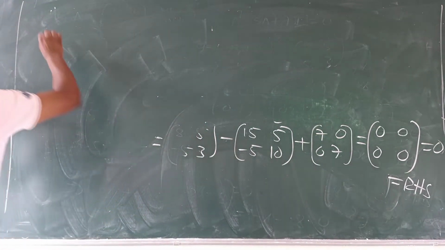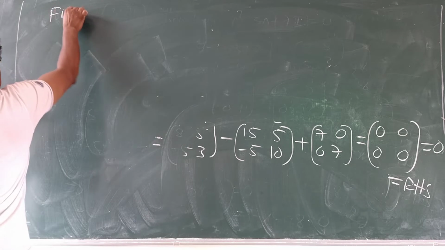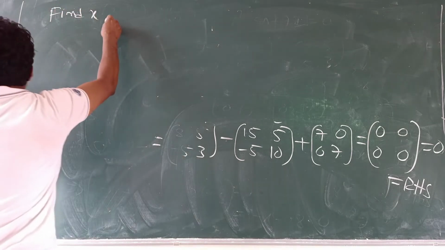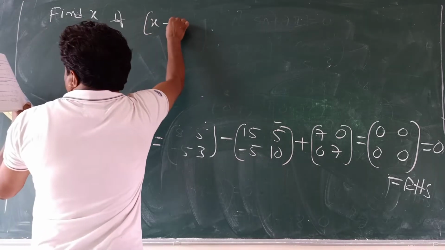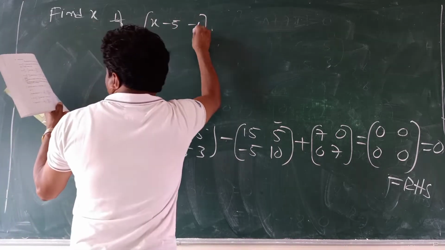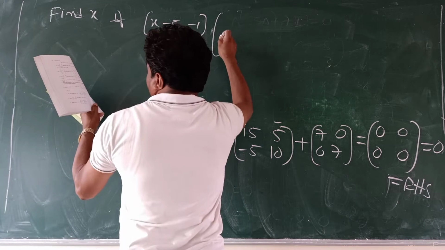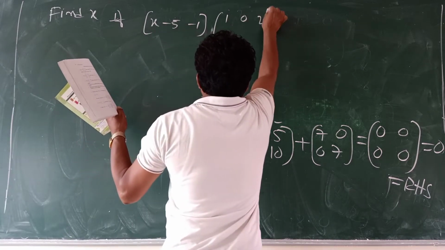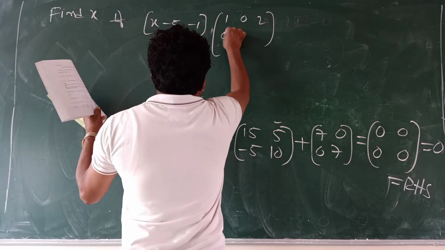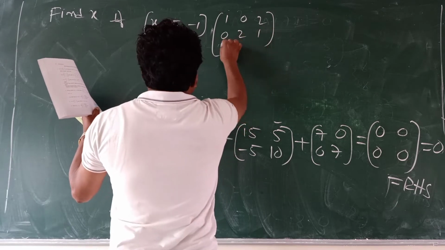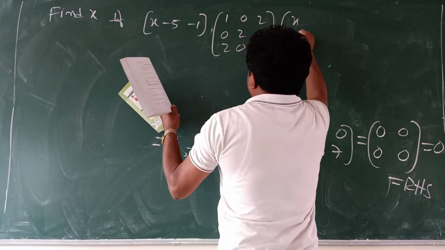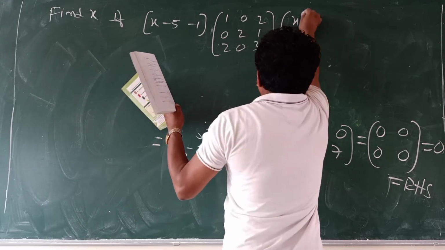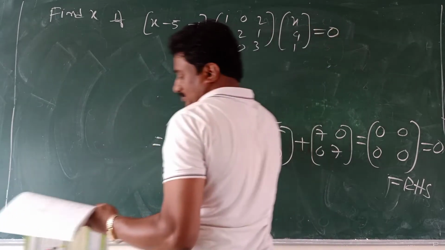Find x, if [x, -5, -1] into [1, 0, 2; 0, 2, 1; 2, 0, 3] into [x, 4, 1] is equal to O.